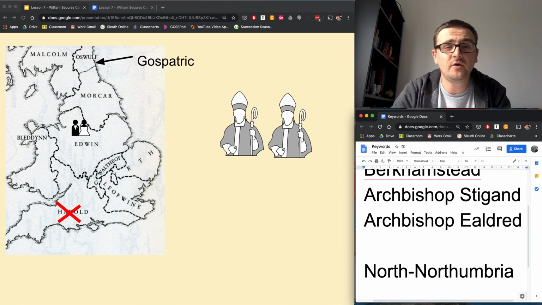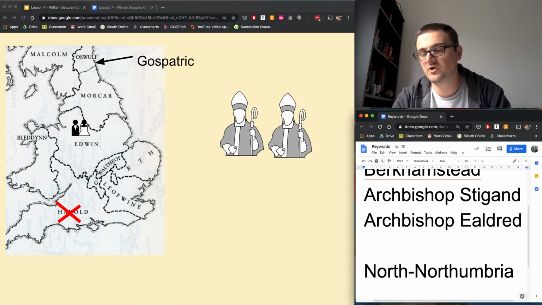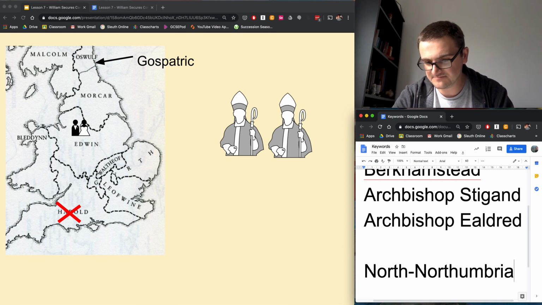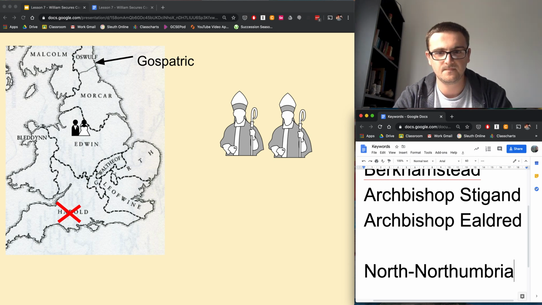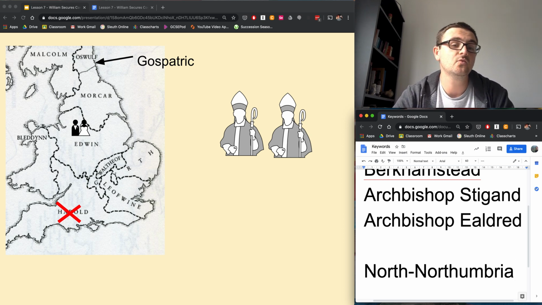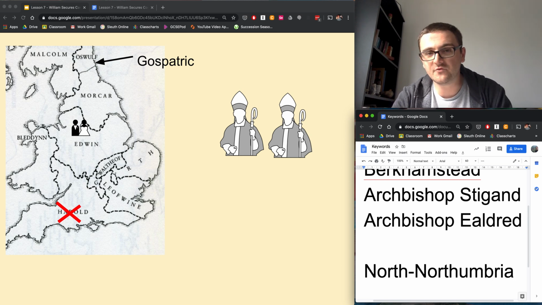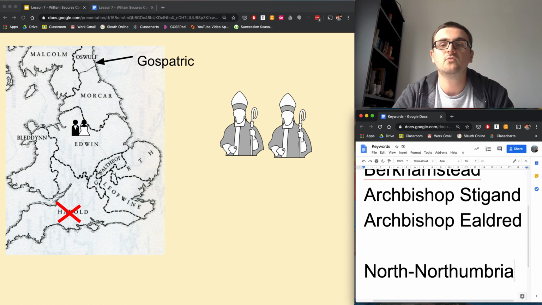Now he could have appointed a Norman, but actually he thought it made more sense to try and get the loyalty of the people and to appoint somebody who would have known what they were doing. William also tried to get the loyalty of Edwin by telling Edwin that he could marry William's daughter. Now this would have made Edwin a member of the royal family, and in theory would have allowed Edwin to be more loyal to him.